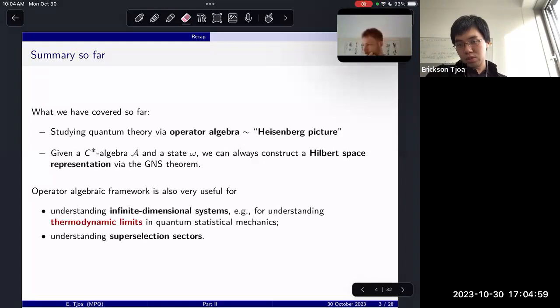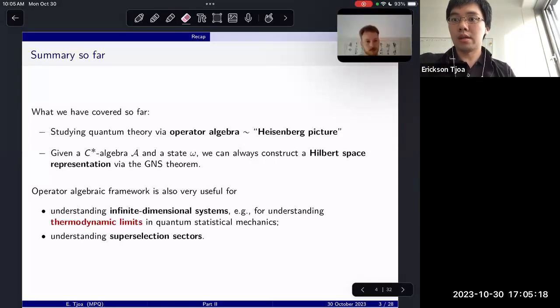I'm not going to talk about superselection sectors in my presentation, but keep in mind that in finite dimensions, Heisenberg and Schrodinger pictures were basically the same thing. But in infinite dimensional systems, the Heisenberg picture often gives you much more clarity than you might think it could.